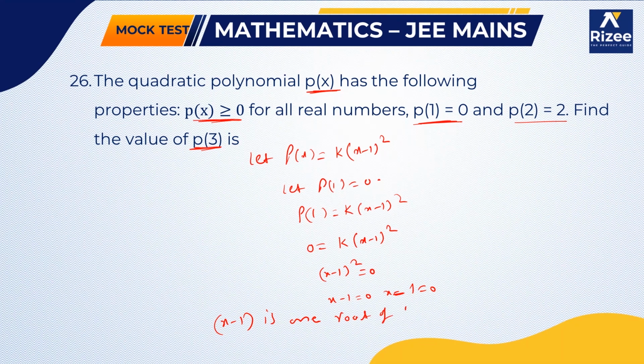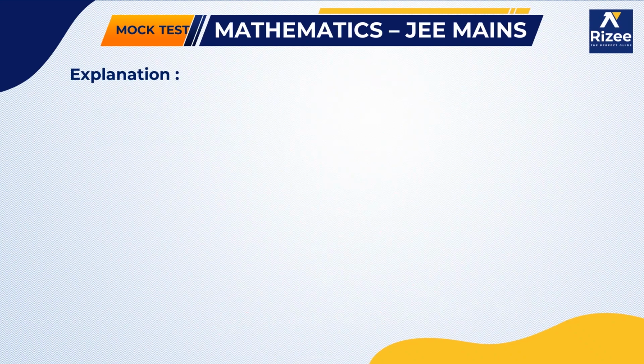Next, p of 2. What is it saying? Find the value of p of 3. What is he asking? Find the value of p of 3. So p of 2 equals k into (x minus 1) whole square. P of 2 how much?